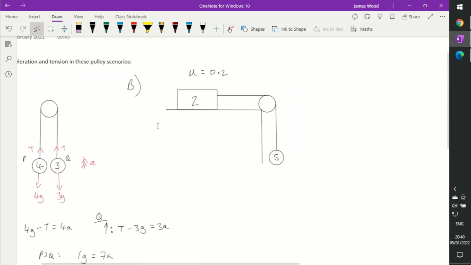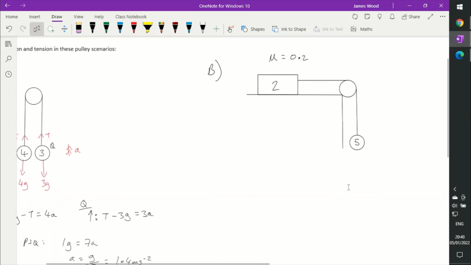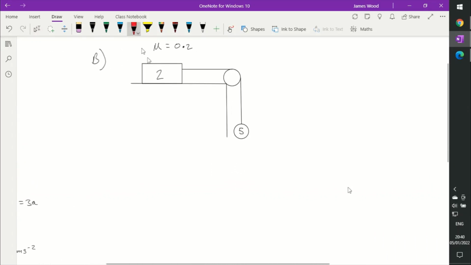Let's have a look at this example here. So we've got a pulley on a table, and we've also got some friction on the table. So we're going to do the same as before. We're going to label the forces involved. So I've got a weight of 5G with a tension here holding it up. We've also got the tension in the string pulling this one along.